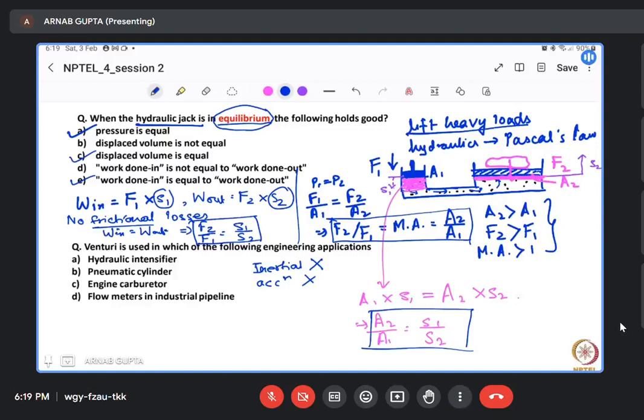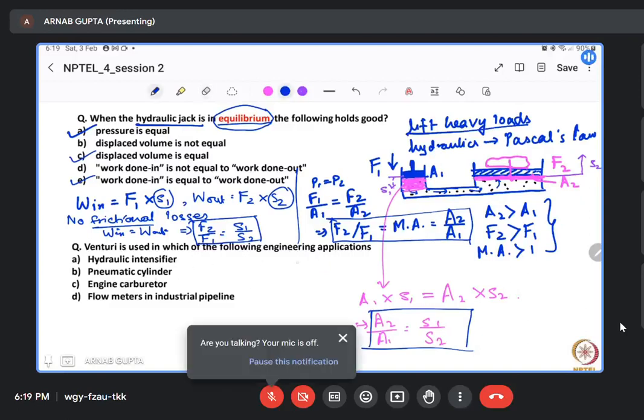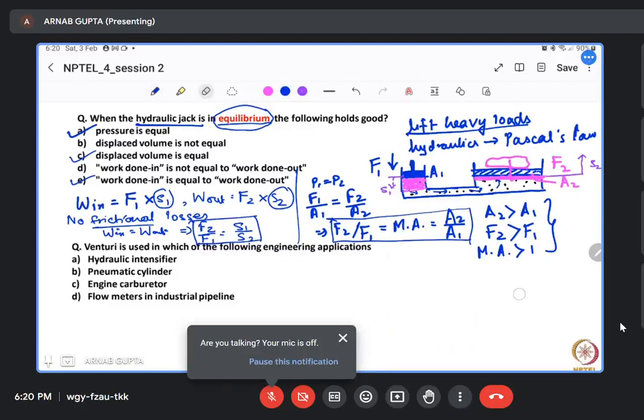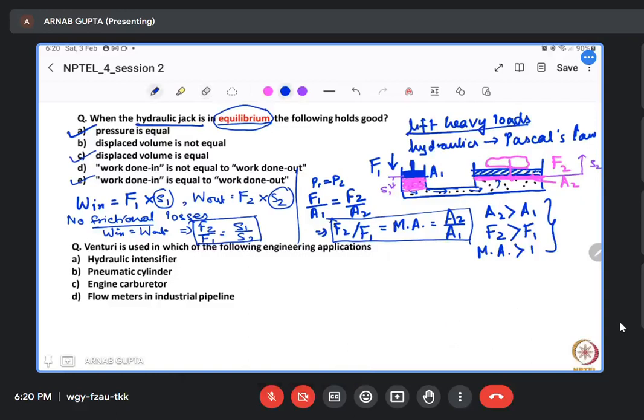Okay. So let's come to the second question then. Venturi is used in which of the following engineering applications? So what is Venturi? Venturimeter, you have come across this term in fluid mechanics, also in hydraulics.